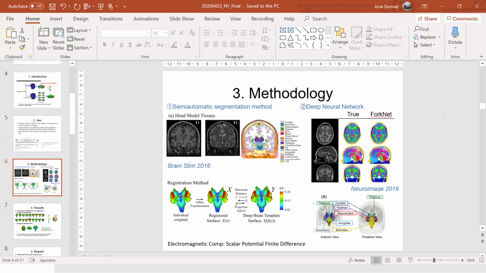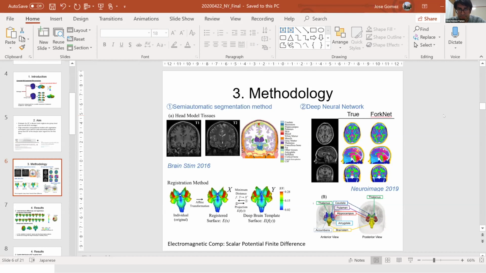Basically, the free software also allows some of these registrations. For the case of the deep brain regions, we used the minimum distance from the registered values to the template. This has maybe around 5% of error on average.